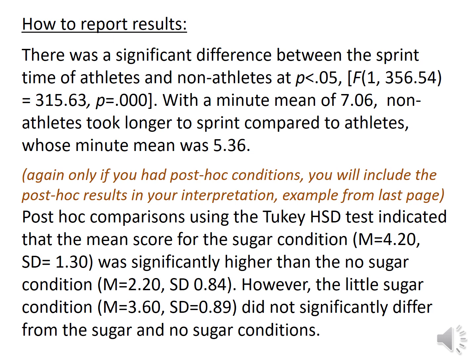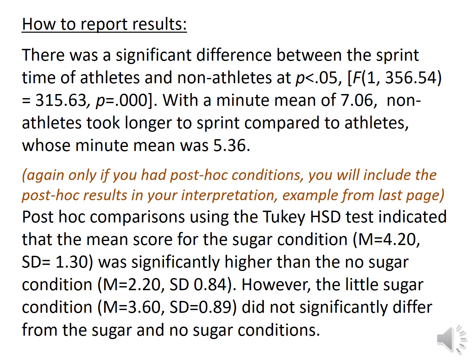Specifically, there was a significant difference between the sprint time of athletes and non-athletes at a probability of less than 0.05, with an F value coming from 1 df and 356.54 sum of squares, which is equal to 315.63 F statistic and probability of 0.000, with a mean of 7.06 minutes.